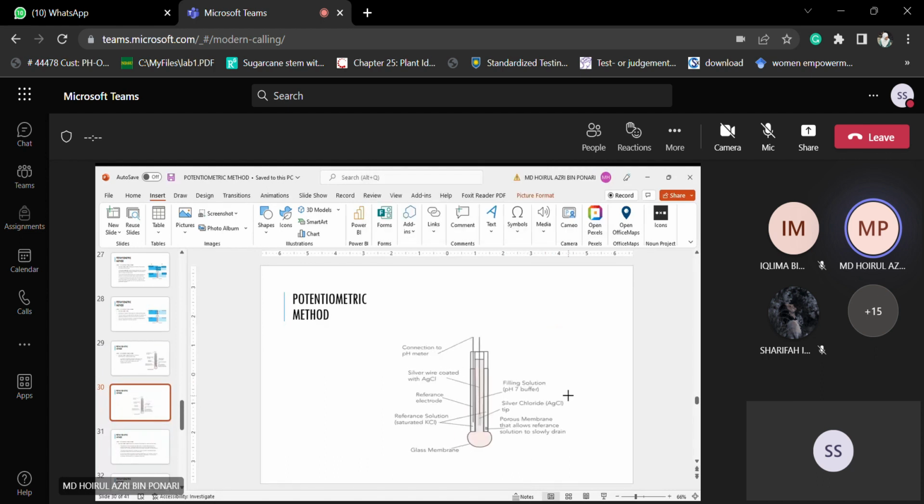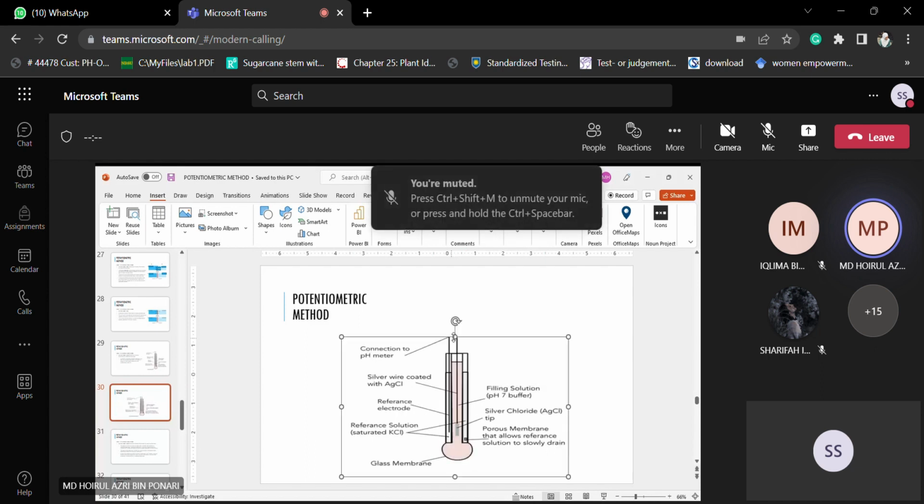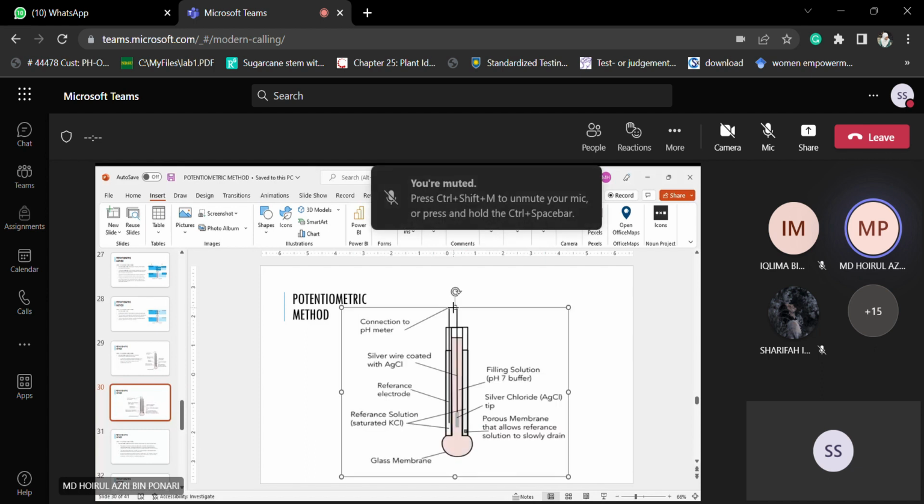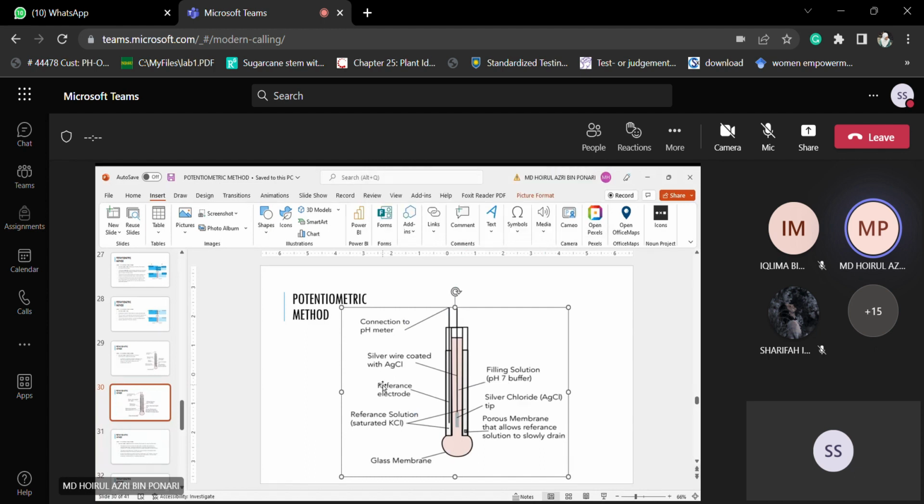So this is the last one before we end our session today. Here we have a galvanic cell.